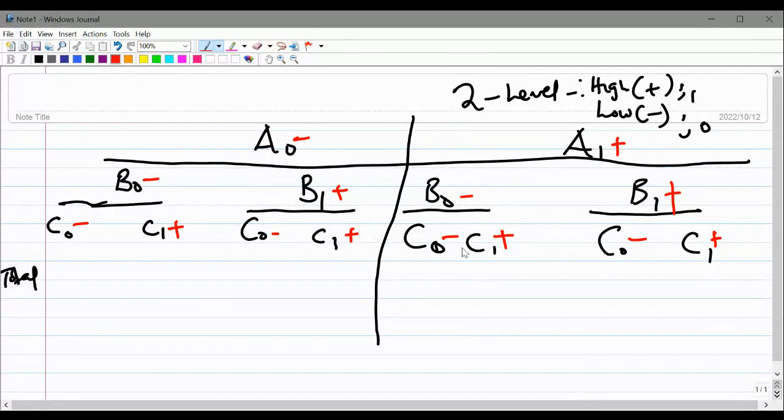Is it correct now? Yes. Give me the values, please. Sorry for that.